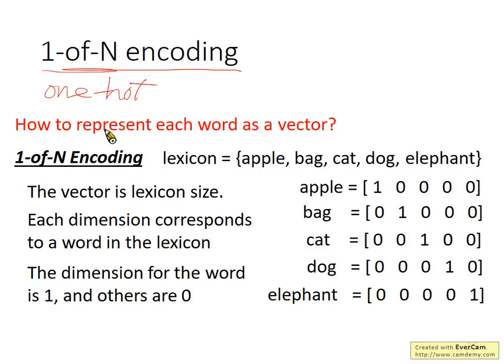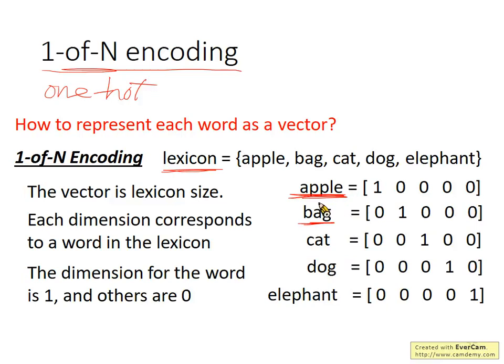The idea is, assume we have a lexicon. For example, a lexicon or dictionary consisting of apple, bag, cat, dog, elephant. We can represent the word apple as 10000, and we can represent bag as 01000, and so on.